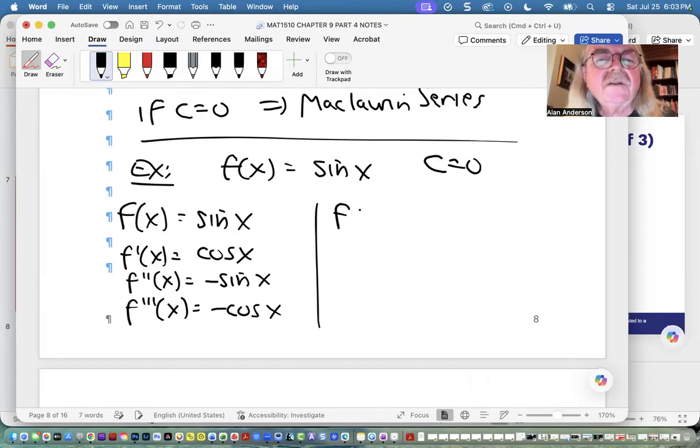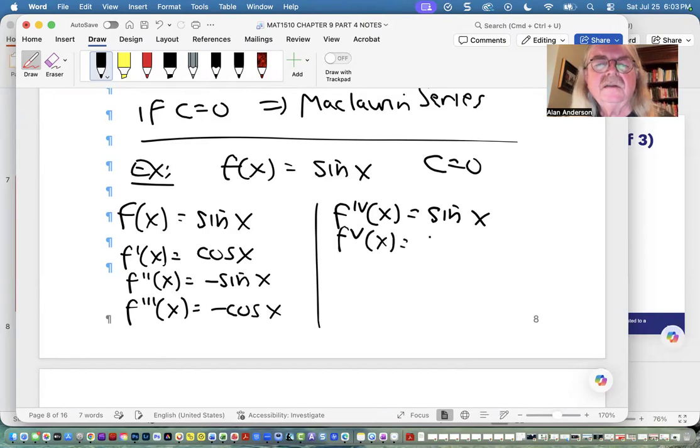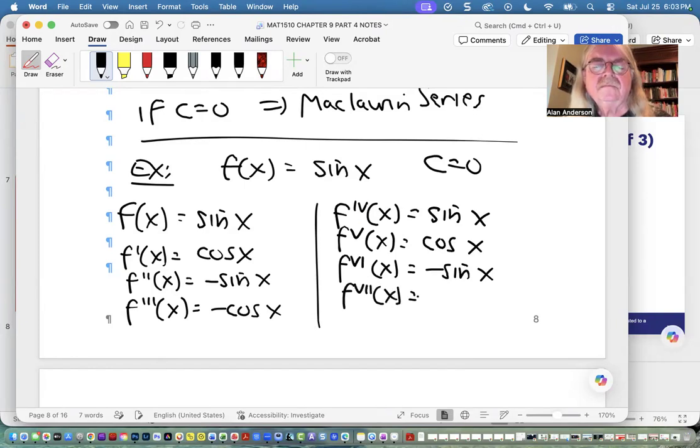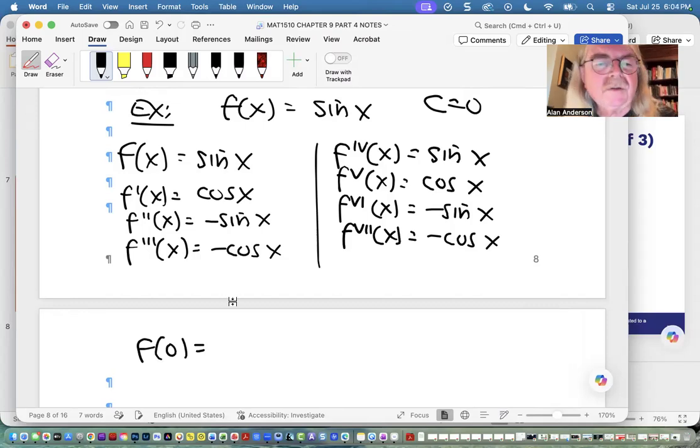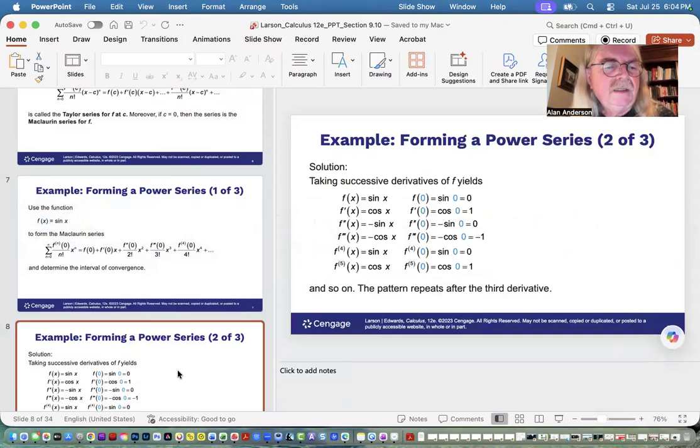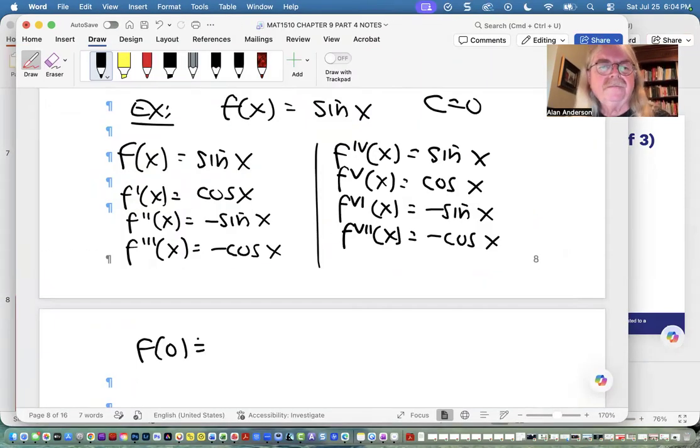Now, it turns out when you get to the fourth derivative, some books write it with a four, some books use Roman numerals, you're basically back to where you started. Now, we're going to need to evaluate these at zero, but that's not going to be a problem because we know that the sine of zero is just zero, and the cosine of zero is one.